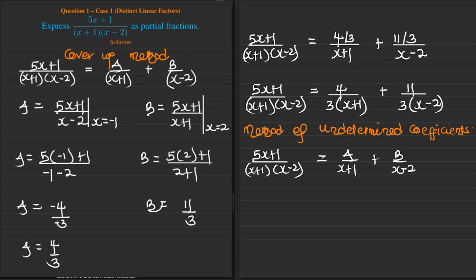You see, how do we clear the denominators? You multiply each and every fraction by the LCD. So by the LCD, we simply mean for the (5x + 1) all over (x + 1)(x - 2), you would multiply it by (x + 1)(x - 2).